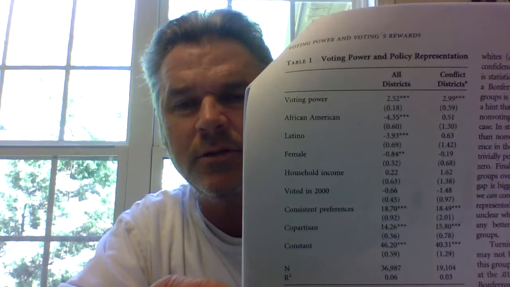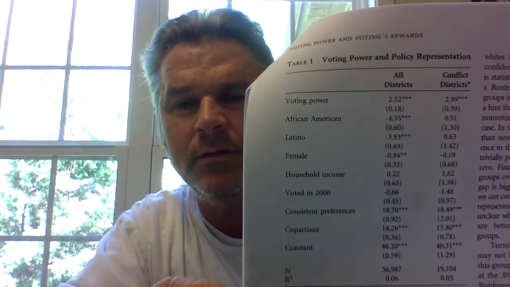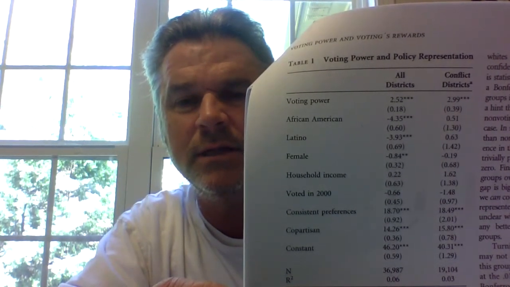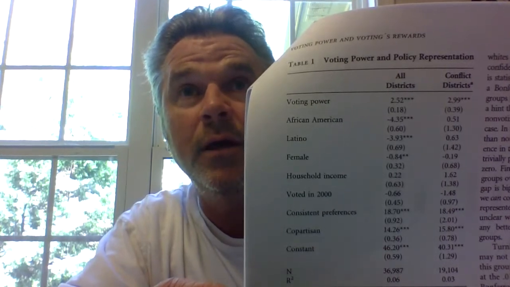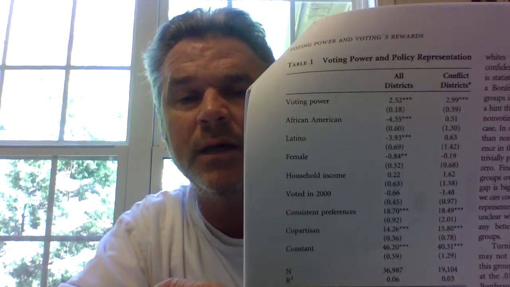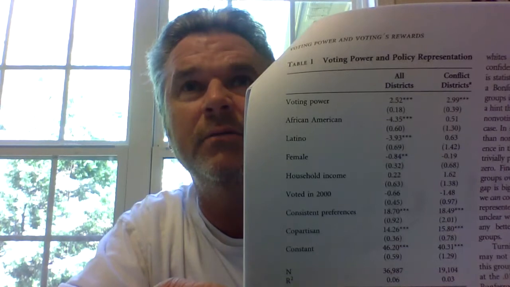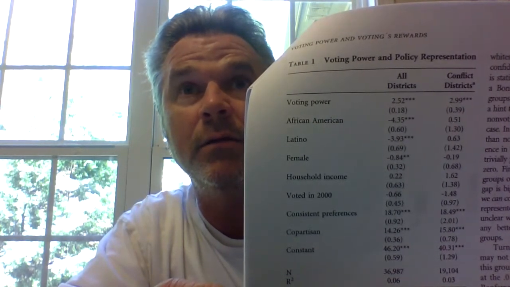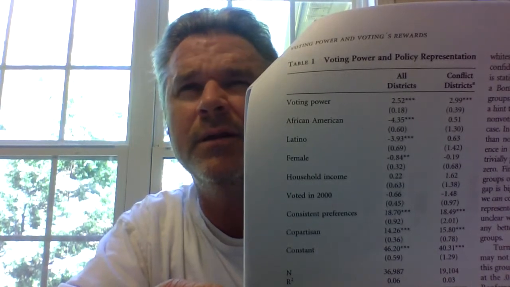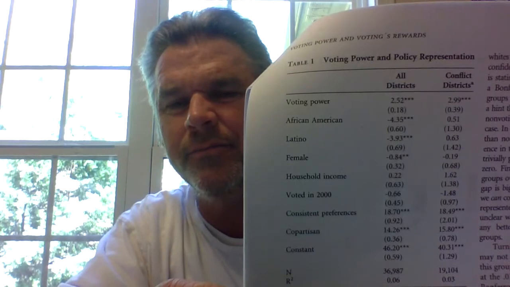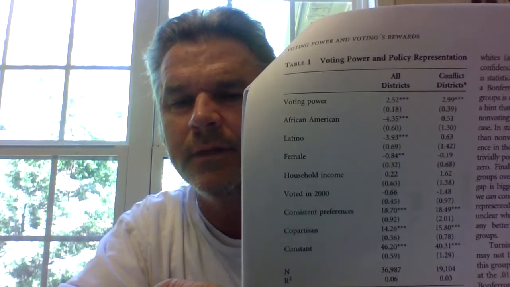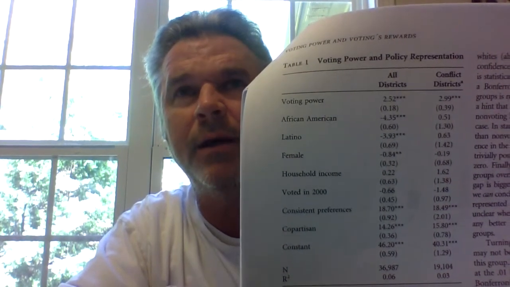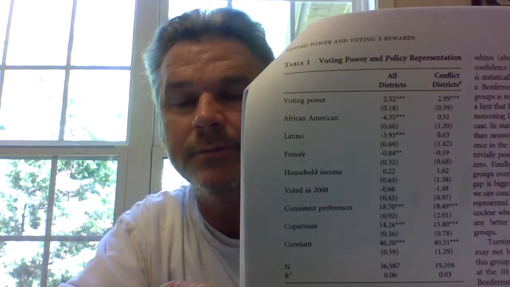Now, interestingly enough, they thought household income and whether you voted in 2000 would be statistically significant. They weren't. But they're saying maybe that's because that's being picked up in voting power. It's being mediated by voting power. We talked about multicollinearity a little bit. So maybe voting power is capturing those two.